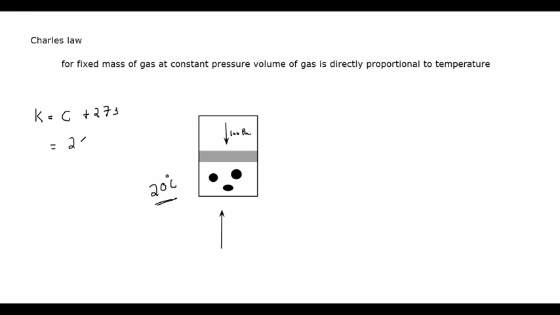So this will be 20 plus 273, which is equal to 293 Kelvin. Because the SI unit of temperature is Kelvin, the temperature should be in Kelvin. 20 degrees centigrade is equivalent to 293 Kelvin.